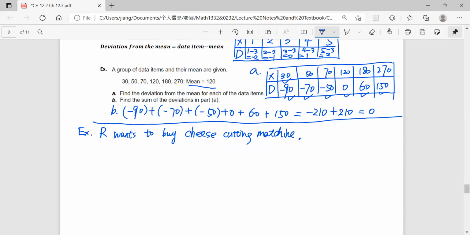And there are two providers or two factories, A and B, that provide the machine. And R doesn't know which one to buy, so he wants to see the data from these two factories. The restaurant said, I want the machine to cut the cheese into 1 pound.